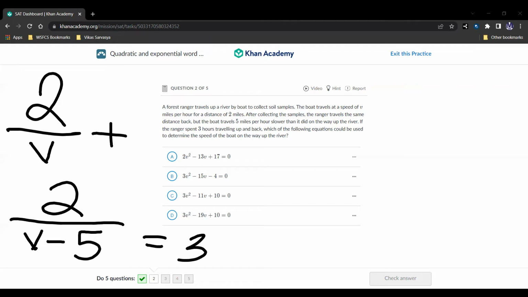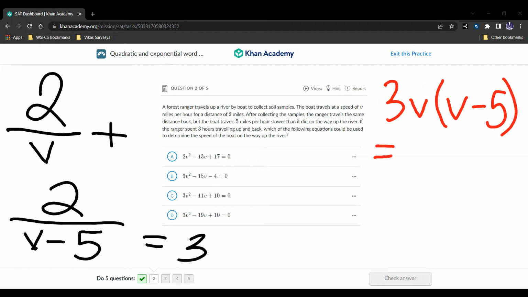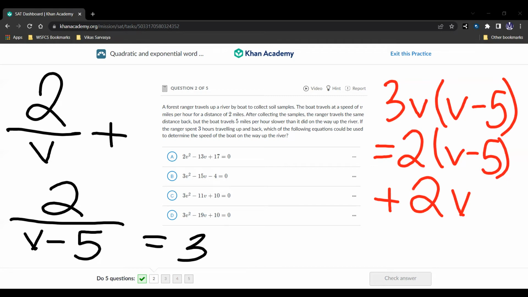And now we can multiply by v and v minus 5 to both sides, and we get v minus 5 equals 2 minus 5 plus. And now we just have to simplify this.